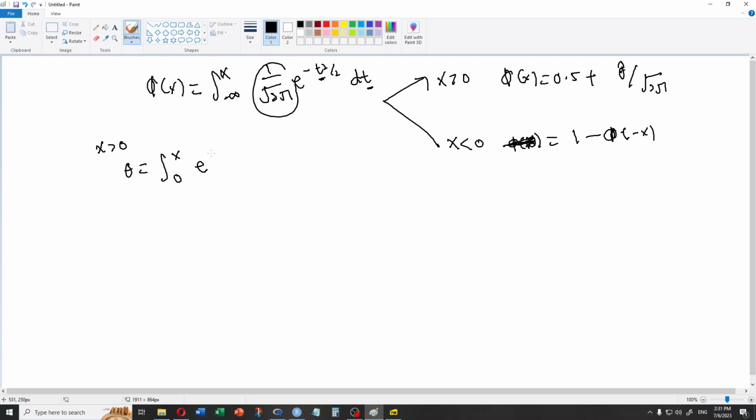In order to solve this problem, it is easier if we replace t with y, where y is equal to t over x. This is the substitution in the integration, and dt is given by x dy.